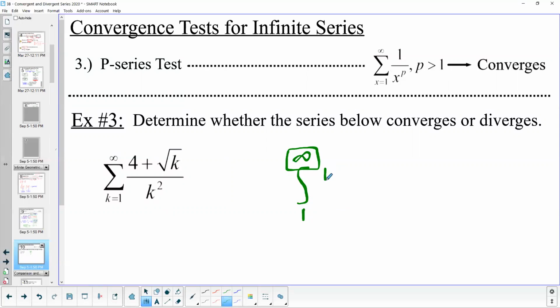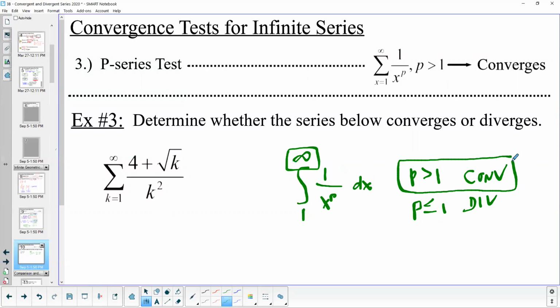If we look at the integral of 1 over x to the p dx, and we determine that in this form, if p was greater than 1, then our integral converged. And if for some reason p was less than or equal to 1, then we know the integral diverged. And so what did it mean to have an improper integral that converged?